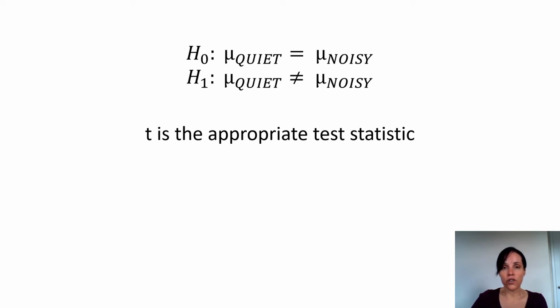Here in step 3, you choose the appropriate test statistic. Here in Chapter 10, the appropriate test statistic will always be t. In both Chapters 9 and 10, the test statistic will be t. Next week in Chapter 11, we'll learn a new test statistic, capital letter F, but here in Chapter 10, the appropriate test statistic will always be t.